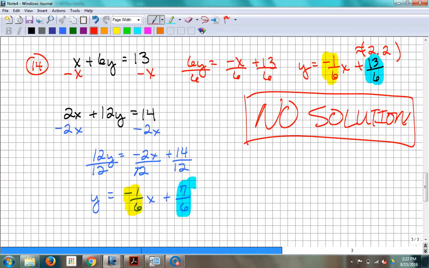Number 21. Infinitely many solutions, so that would be consistent and dependent. And then 22. One solution, consistent, independent. 23. No solution. It's also called inconsistent. Knowing those vocab words is the key.